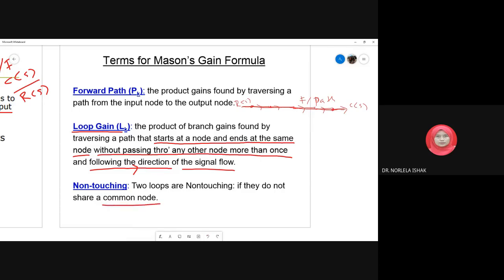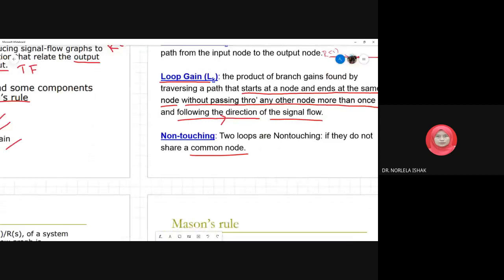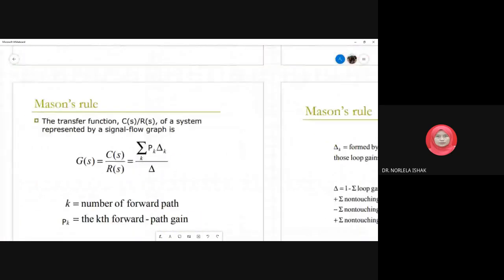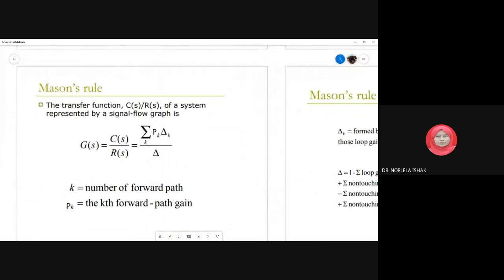Okay, let's say madam shows this example. This is the formula for Mason's rule. What is P?